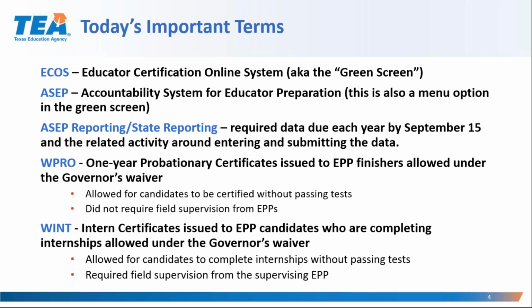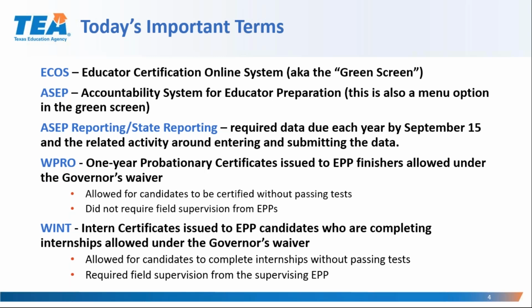Next, the WPRO or Waiver Pro certificates are the one-year probationary certificates issued to EPP finishers allowed under the governor's waiver. These certificates allowed for candidates to be certified without passing one or more of the required tests and did not require field supervision from EPPs.